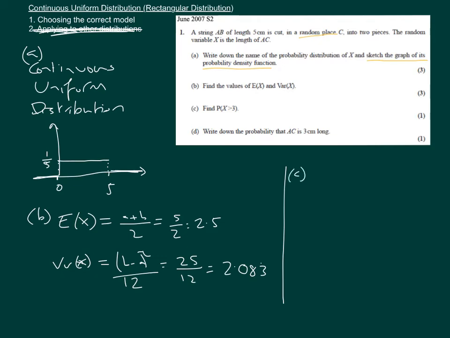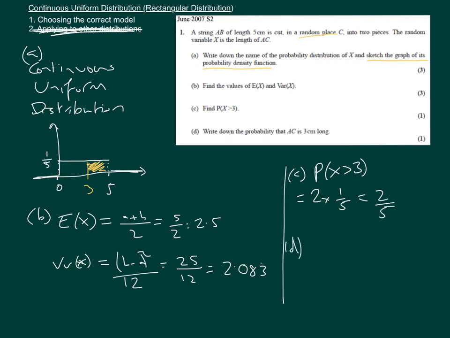Last couple of questions here, both only worth 1 mark. Part C, we're asked to find the probability that x is greater than 3. So on our graph we can show that. So there's 3, we want the area where it's greater than 3. So that's going to be 2 times a fifth, the width of the rectangle multiplied by the height, which will give us that area, which is of course 2/5.